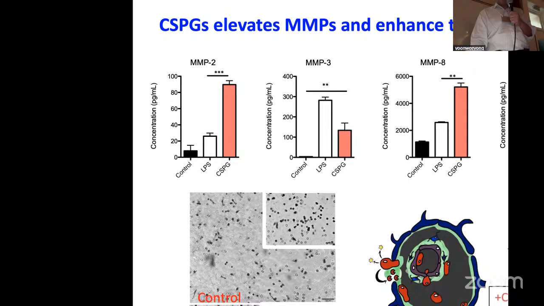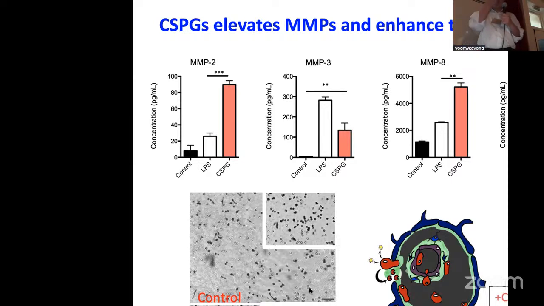And so in this work, we postulate that the CSPGs that are elevated in the perivascular cuffs by immune cells, particularly myeloid cells, help to give the immune cells additional boost by elevating MMPs and also cytokines that I haven't shown you to help cross the blood-brain barrier into the CNS parenchyma.